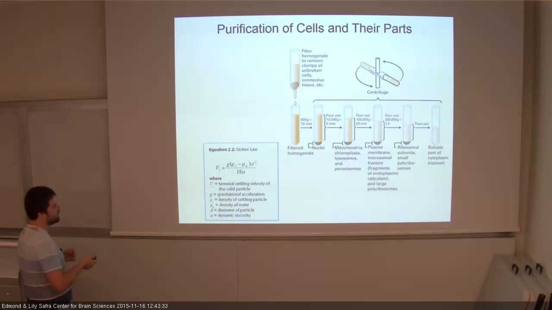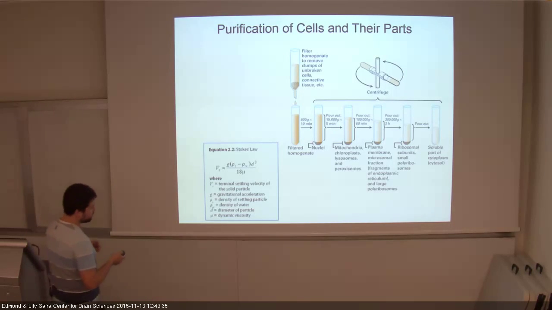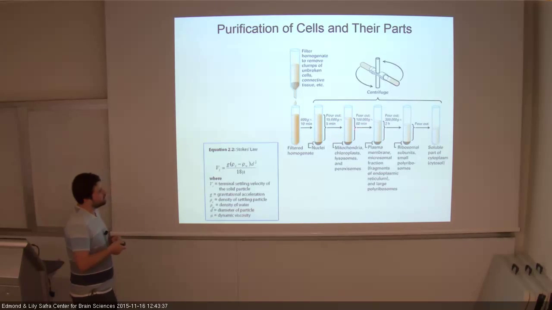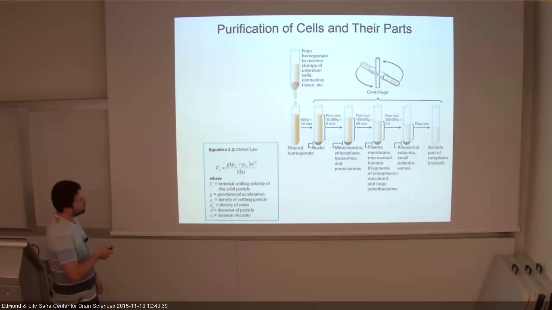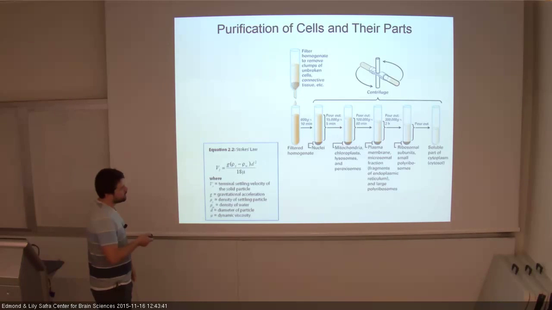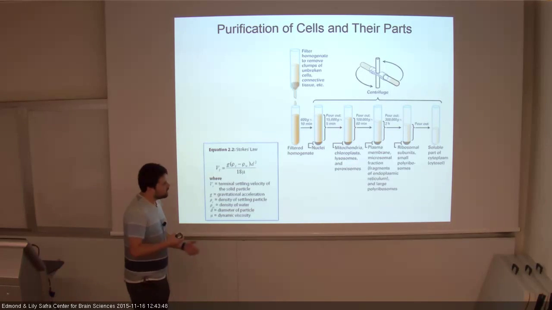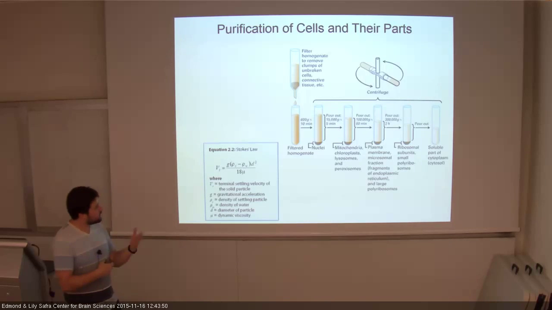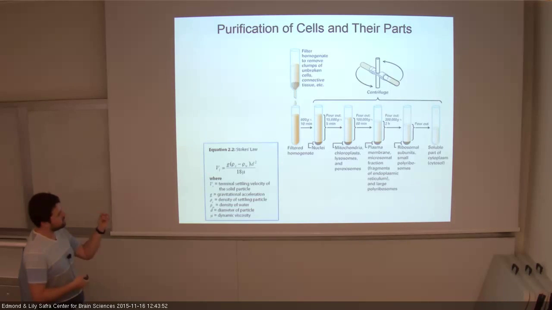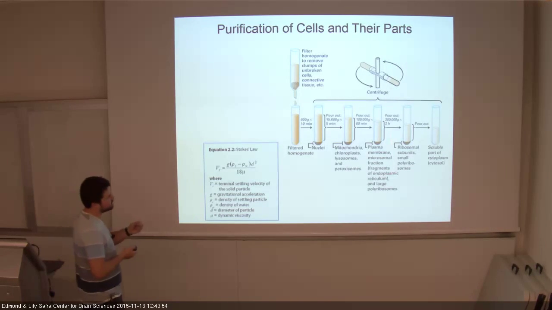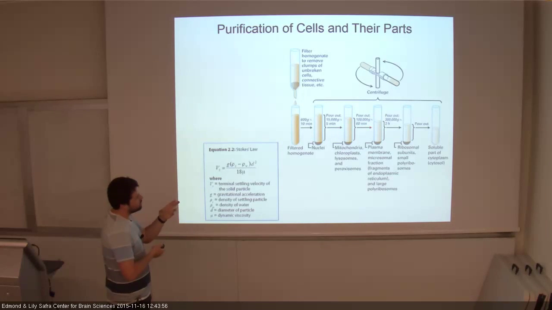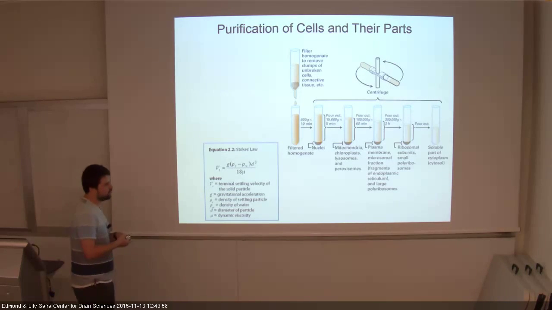If I then take the supernatant, the upper part that did not precipitate, and centrifuge it faster at 15,000 G, then I will get a precipitate of mitochondria, chloroplasts, which we didn't talk about, and large structures like lysosomes. Next, if I want to precipitate smaller organelles, I would have to centrifuge it faster and faster.